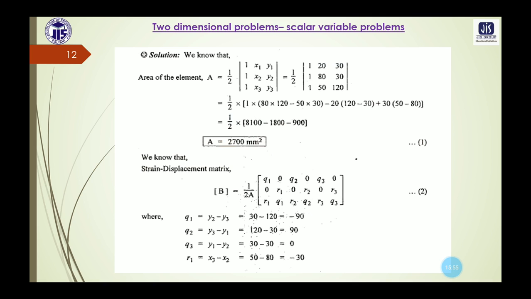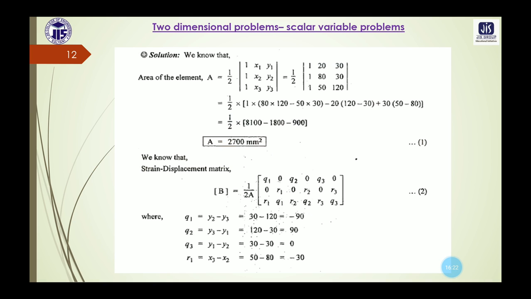So here in this 3 by 6 matrix you can see that there are some parameters which are denoted as Q1, Q2, Q3, then R1, R2, R3, like this. That means in this B matrix we need to find the value of all these 6 parameters. So the formula for all these 6 parameters we need to write first.